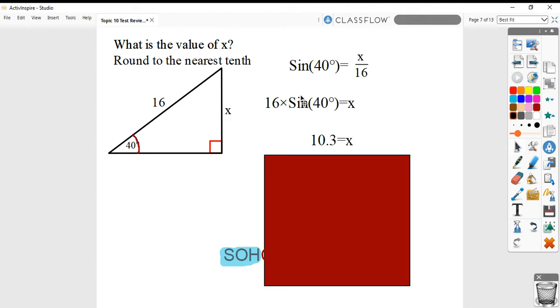You can see that it's equal to 0.6428. You can just multiply 16 times that, and either way you get this same answer, 10.3. Okay, the length of this side is 10.3.